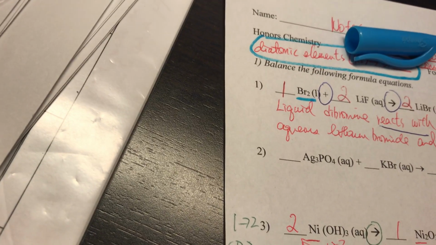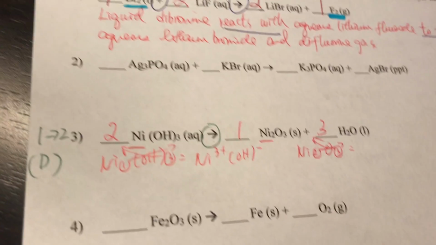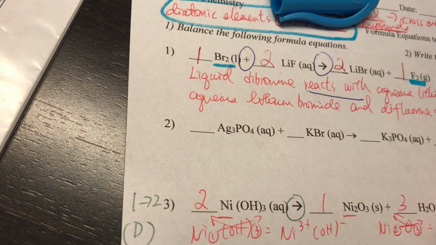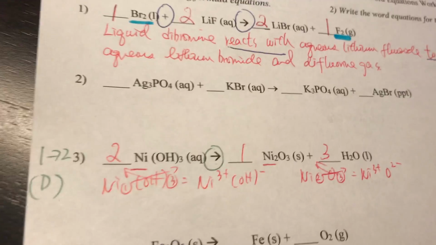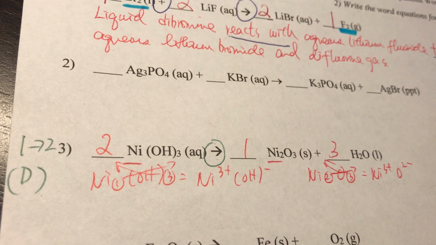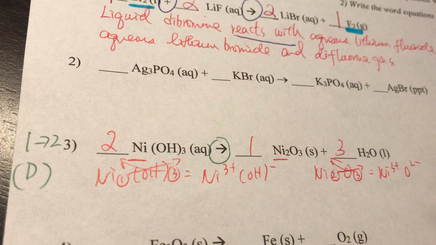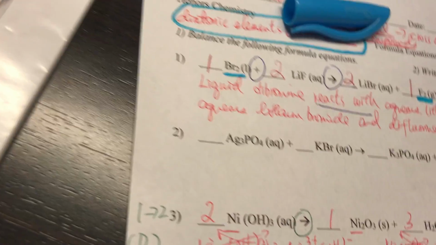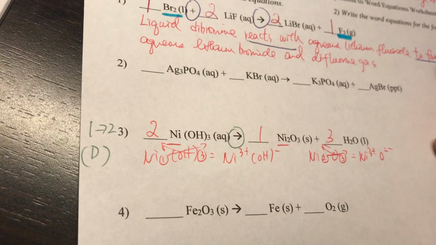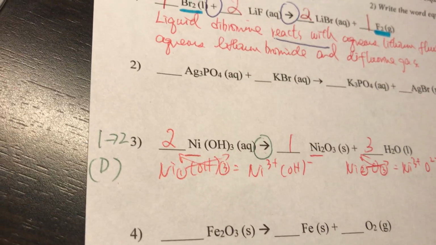And then Ni2O3, we also need to do crossover. We find out this is Ni3+ and O2 minus. Now the charge is happy. If the charge is not happy, you need to multiply the number, then your Roman numeral would not be 3 plus anymore. So you have to do crossover to find out the Roman numeral when it is a transition metal. If it's not a transition metal, you don't need to cross over because there's no Roman numeral.